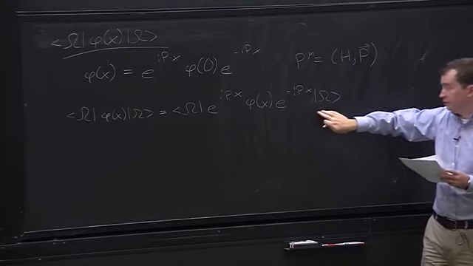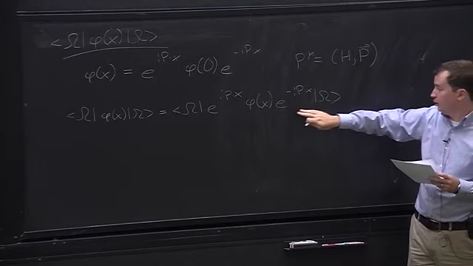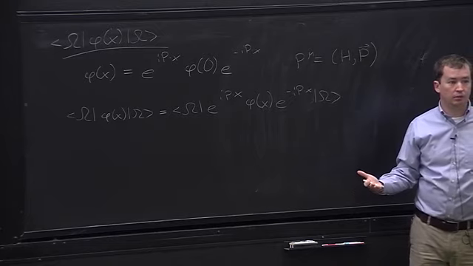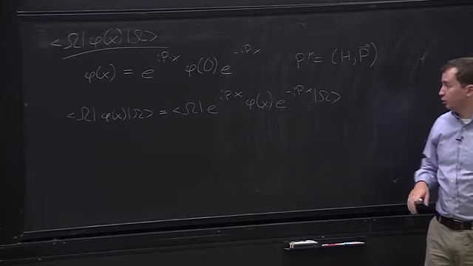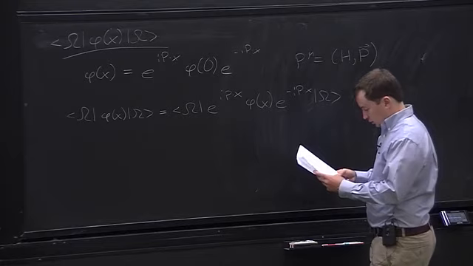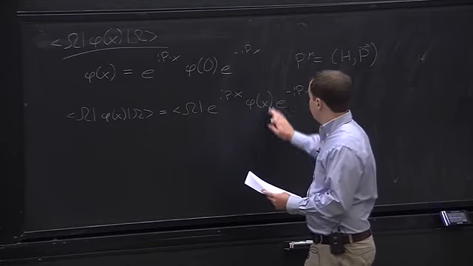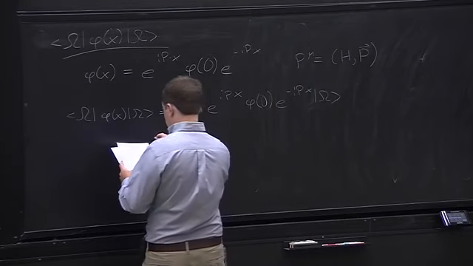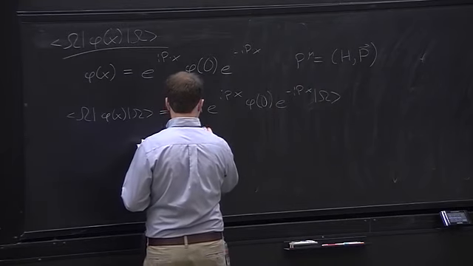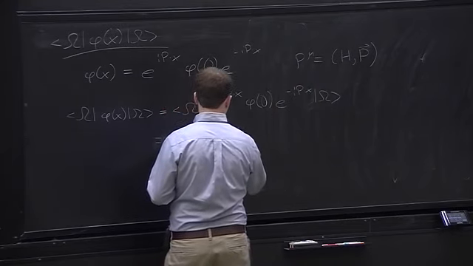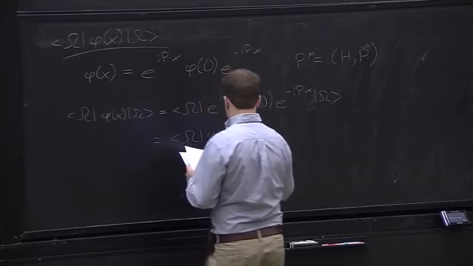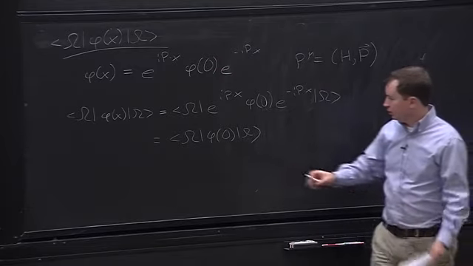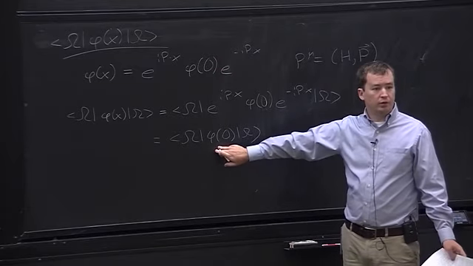And if we translate the vacuum, we just get back the vacuum because we assume that our vacuum is Lorentz and Poincare invariant. So we get back the expectation value of phi of 0, and there's not much else we can say about this. This is a Lorentz invariant number.